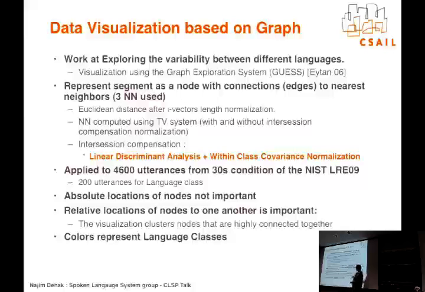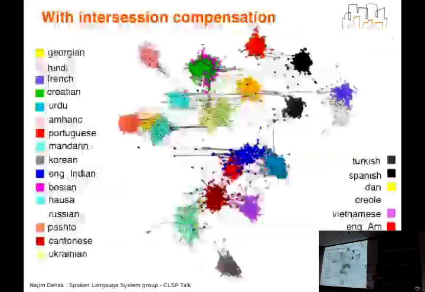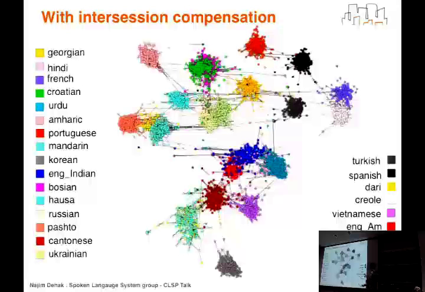After that, I did cosine similarity between the 4,600 recordings, built a nearest neighborhood graph, and did the visualization. This is how all the classes look, and you can see the closeness of the languages. The problem here is that it would be good to have a 3D visualization, so you can manipulate it.